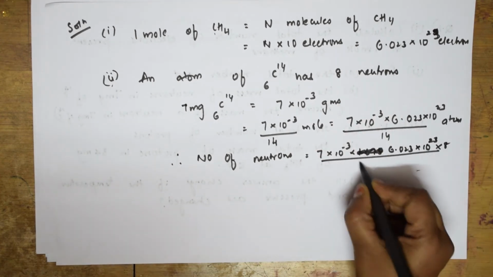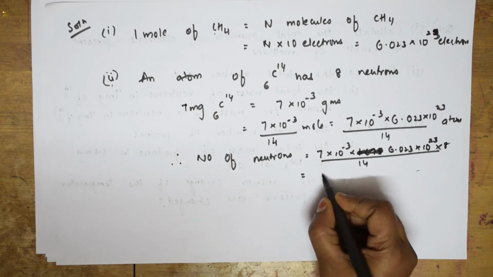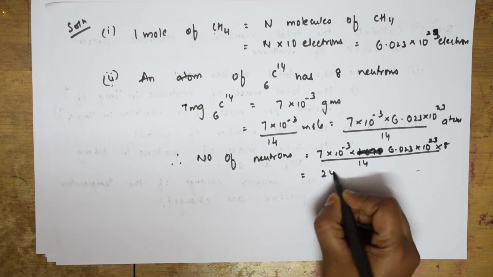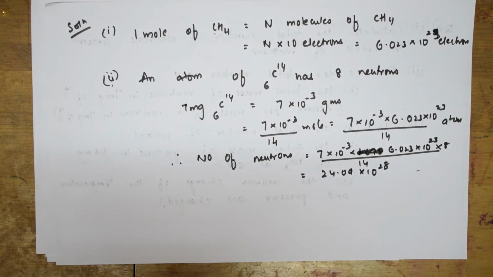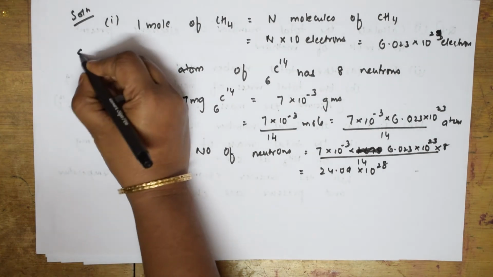How much do I get? I get 24.09 into 10 raised to the power of 20. That's over. Fine. So now let's come back and do the second part. This is your A part.